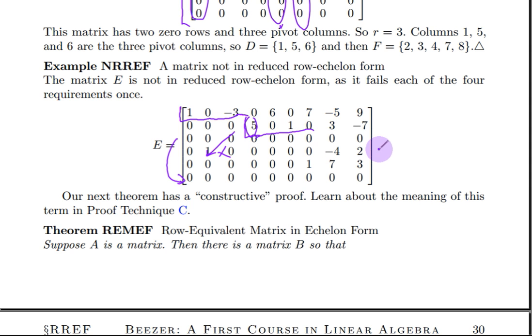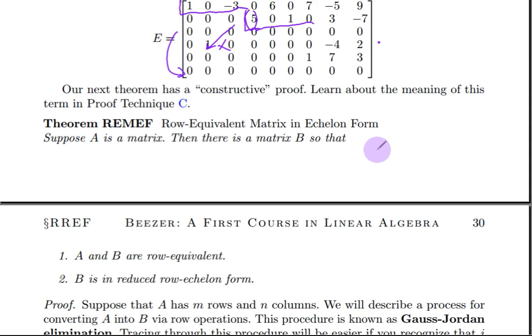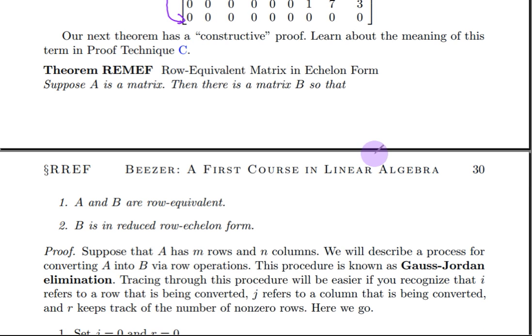All right. So this is the form, and as I mentioned, this form is going to have a particularly easy way to find solutions for the corresponding system of equations. First, a couple of theorems. What this theorem says is that I can find a reduced row echelon form for any matrix whatsoever.